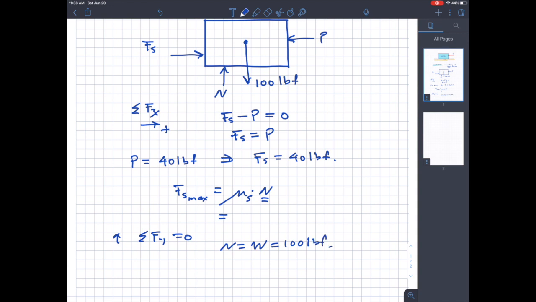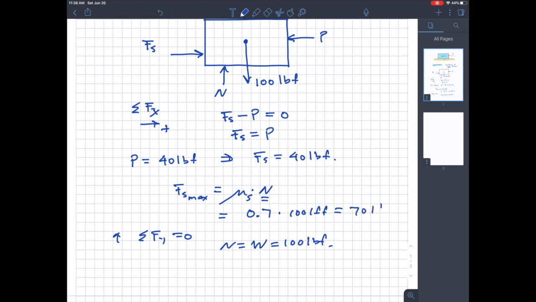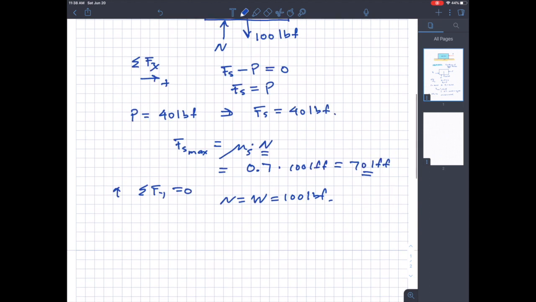Okay, so plugging in, I know that mu s is 0.7, and I know the normal force is 100-pound force, and so our maximum opposing friction force is going to be 70 pounds in this case. So what would happen if I applied a pushing force of 80 pounds? Well, because 80 is bigger than 70, that would imply this box actually moves. Okay? All right, so that's the idea.